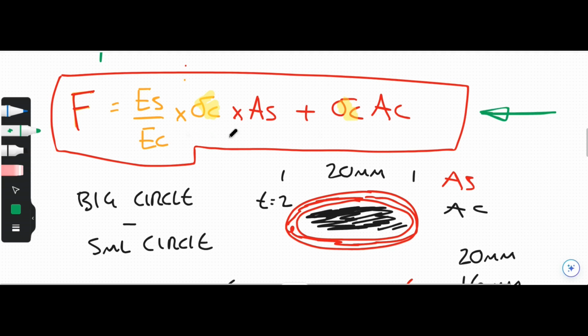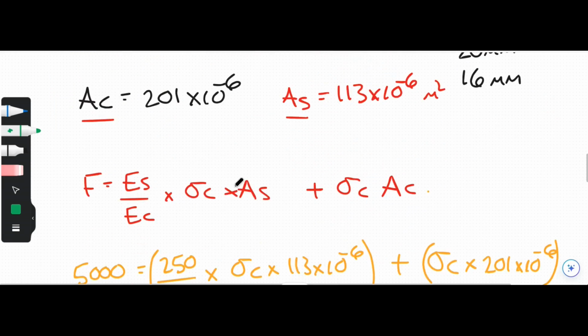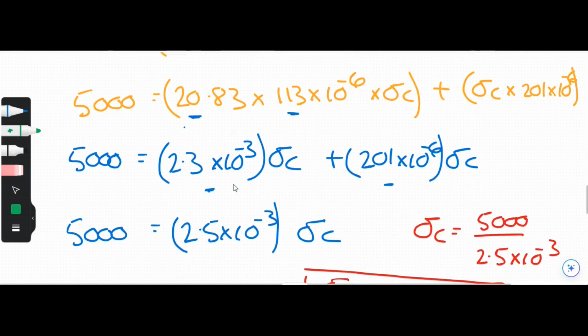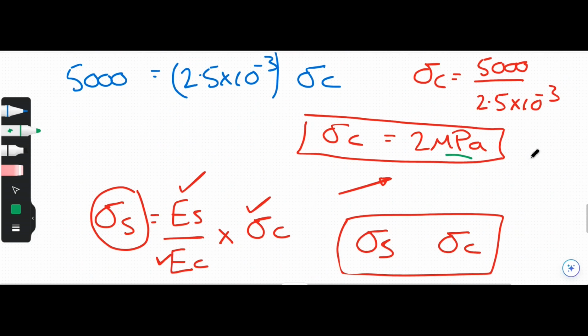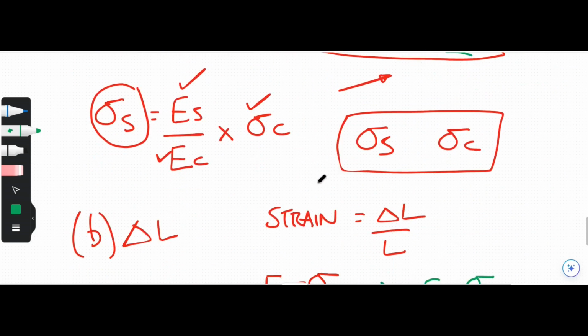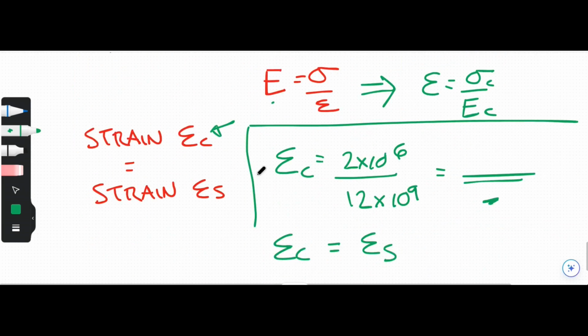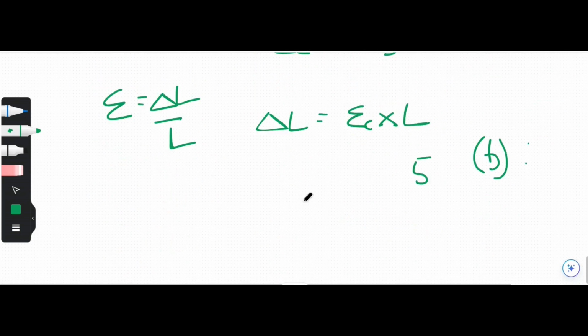But you've got to find the areas of the steel, areas of the concrete, go through it, put your numbers in step by step. Once you've got the stress in the concrete, use this formula to find the stress in the steel, and then find the strains. Okay, you've only got to find one strain because they should both be the same, and then the change in length. Okay, so hopefully that makes a bit of sense.